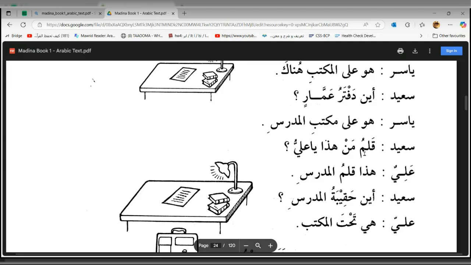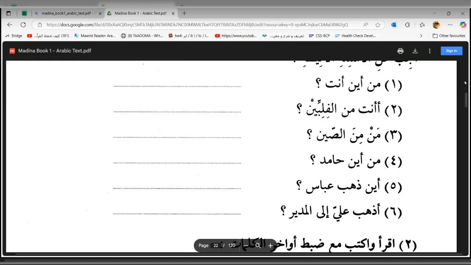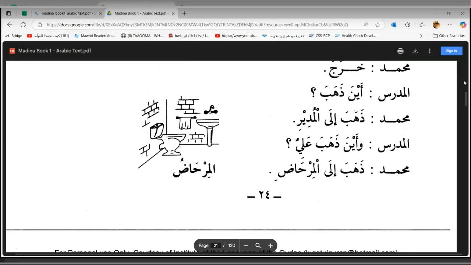Min is harfu jar. Fi is harfu jar. We studied them in the previous lesson. If you go back, we saw a couple like an, min, ila. You see ila here, ila al-mirhadi. So this ila is a harfu jar. It forces mirhad to take a kasra.